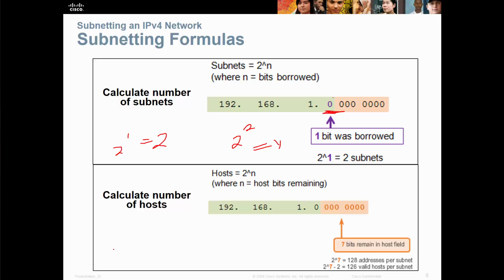There are 7 bits remaining, so 2 to the power of 7 will equal 128. That's how many addresses. We are losing 1 for the ID, 1 for the broadcast. So if we actually take 2 to the power of 7 minus 2, number of usable addresses, 126. That's how we do those calculations.